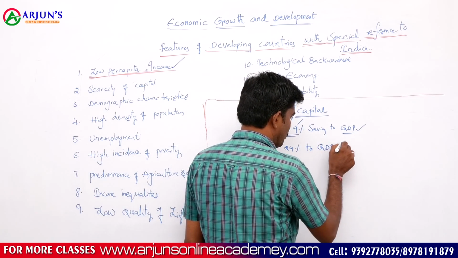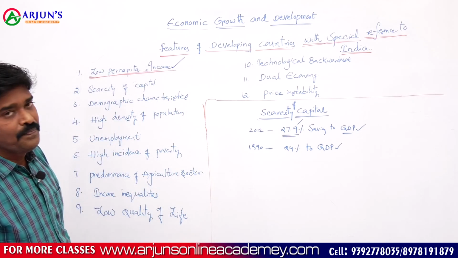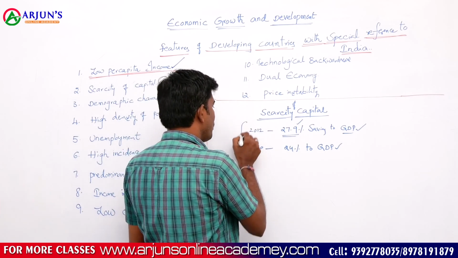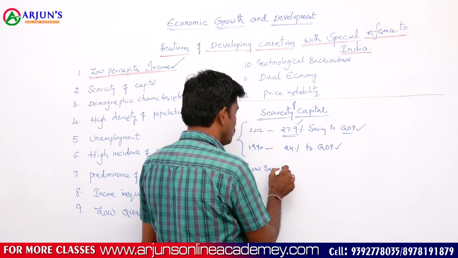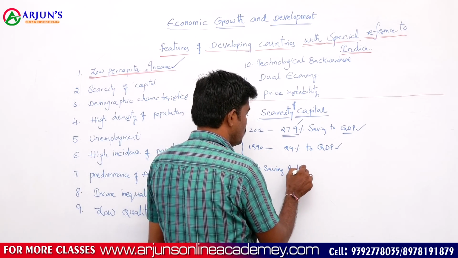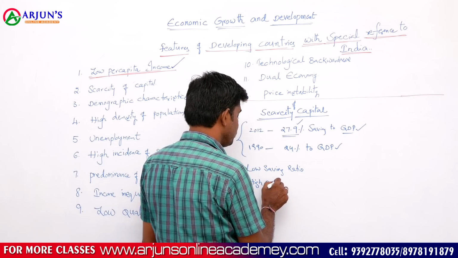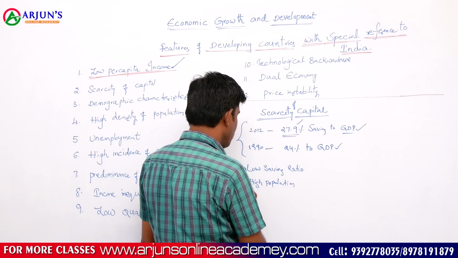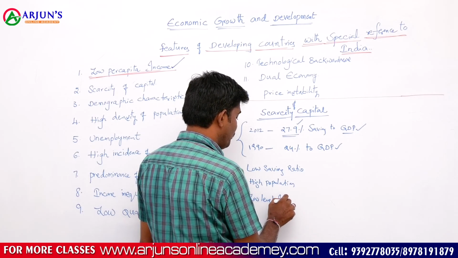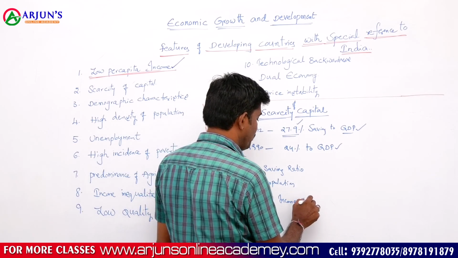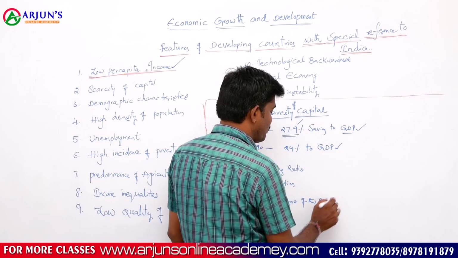But in developed countries, capital formation is very high. Due to this low capital formation, that means low saving ratio, because of high population and low level of income of the people in the developing economy, capital formation is very low.